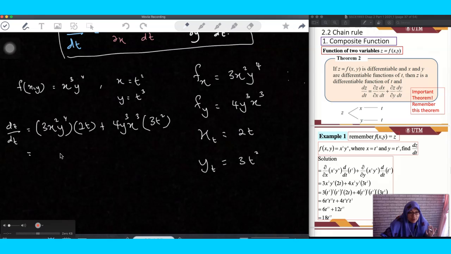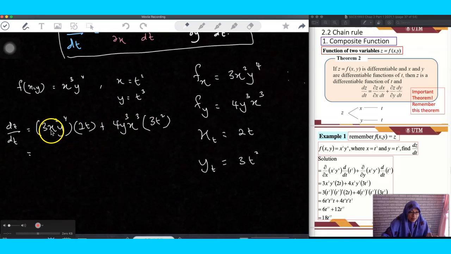You have to note that every time you do this particular example, you have to try to simplify. What I mean by simplify is that your final solution should be in terms of only t, because you have dt here. We are asking you to provide dz over dt, meaning that your final answer should be in terms of t.